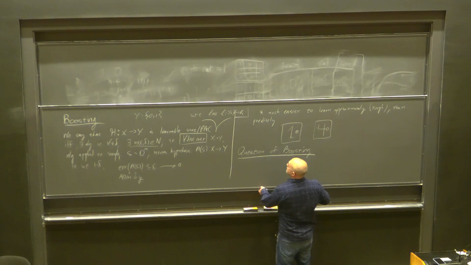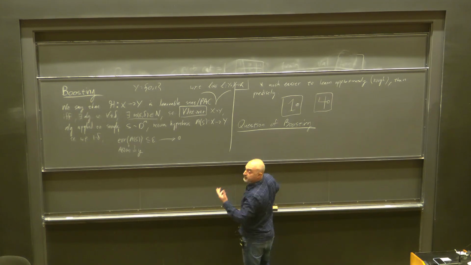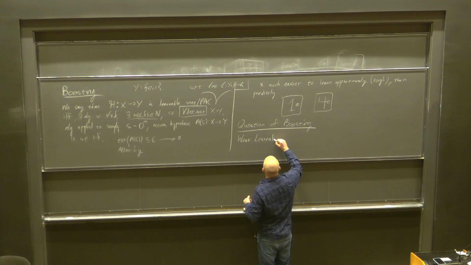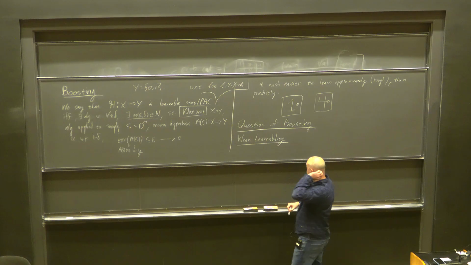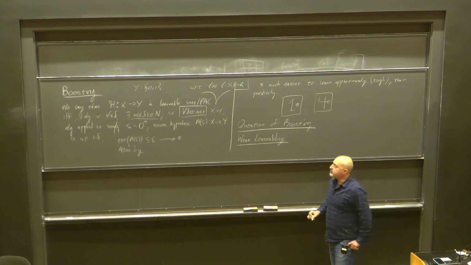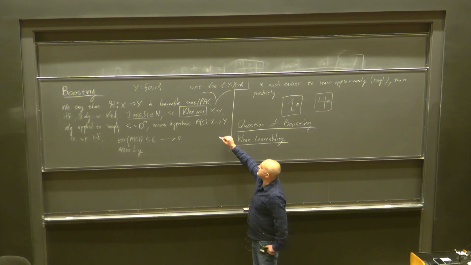And for that, we need to define what a rule of thumb, what a kind of weak hypothesis is, and it's called weak learnability. And the way I can define weak learnability is exactly the same as here.